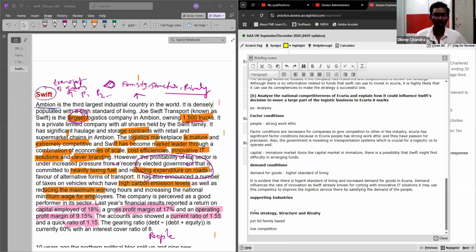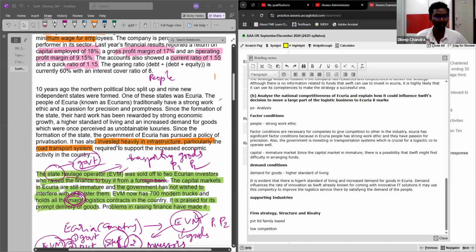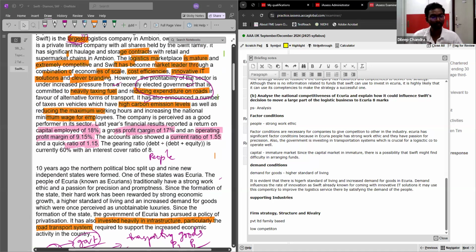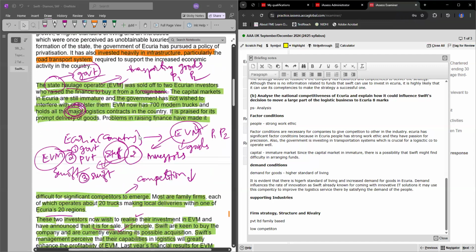Supporting industries. By the way, did they mention anything about supporting industries in the case study? They did not mention anything about supporting industries, right? No, sir.